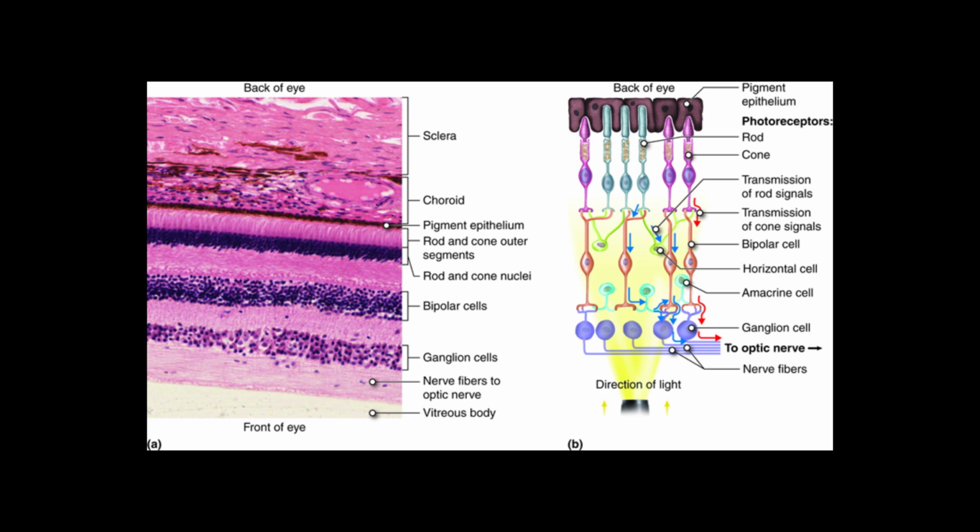This will in turn change the postsynaptic potential for the ganglion cells with which the bipolar cells synapse. So the signal is essentially sent from the photoreceptor cells through the bipolar cells, staying as a graded potential the whole time. And finally, it's received by the ganglion cells, which receive the graded potentials from a bunch of different bipolar cells, integrate those, and then fire action potentials or not, depending on the level of input.